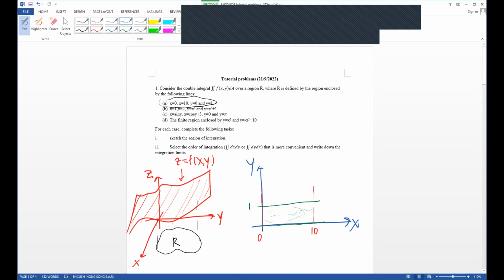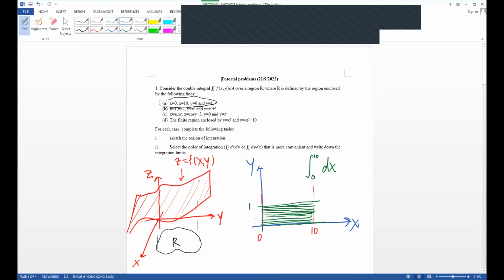If I integrate along x first, then I need to go from 0 to 10 in x. After I consider one line, I basically need to fill the entire region with all these narrow bars.